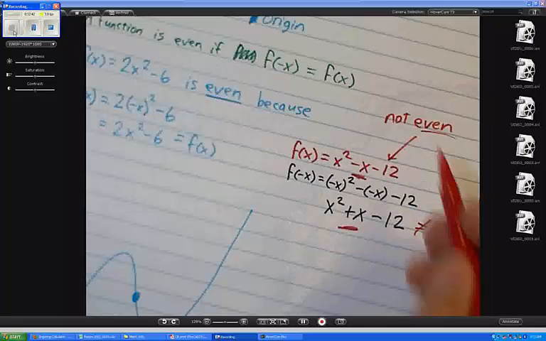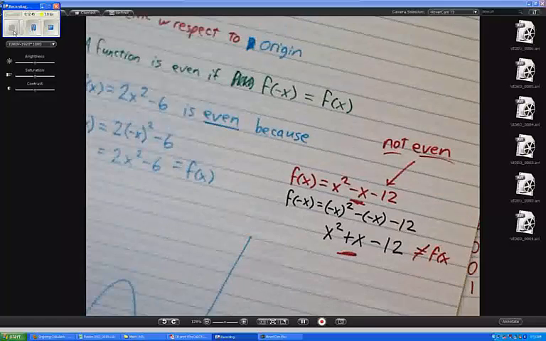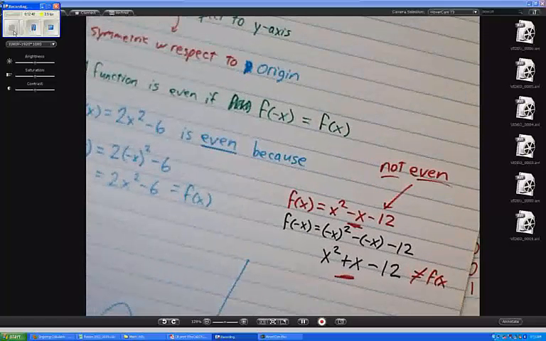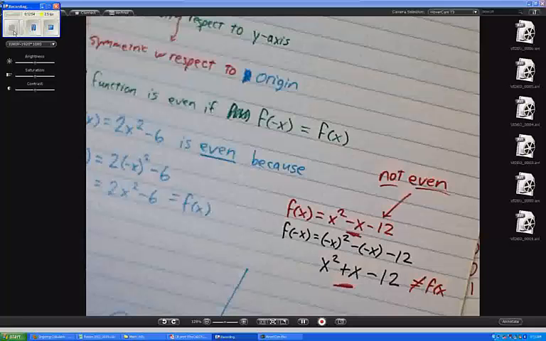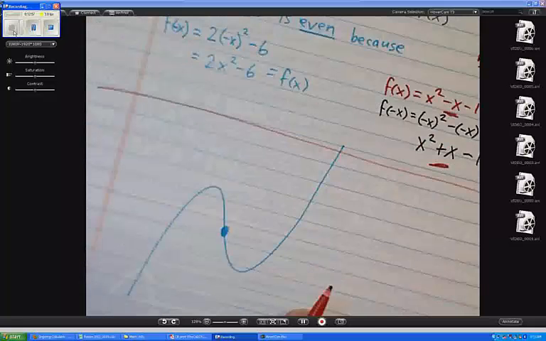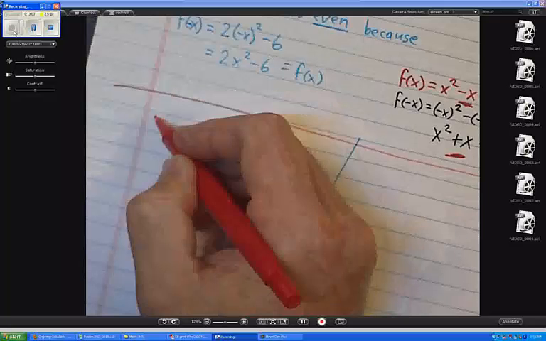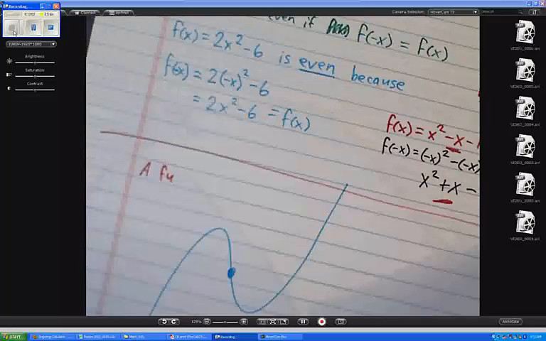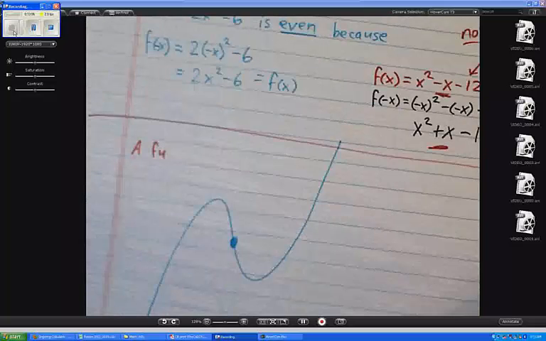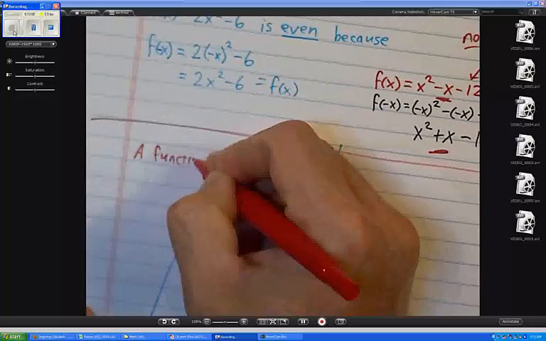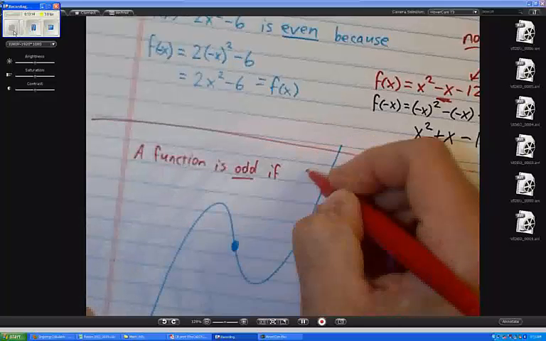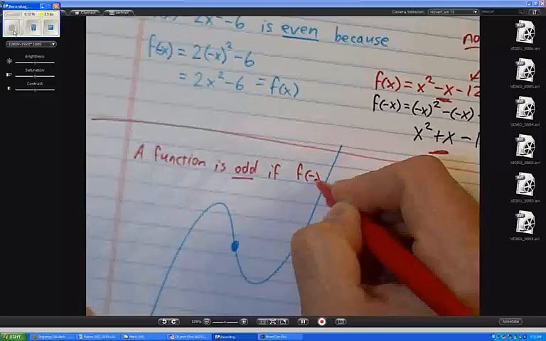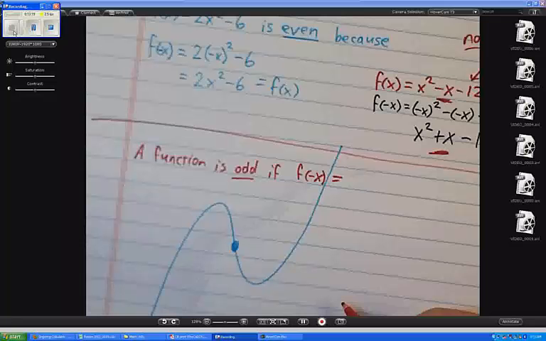Now, one more definition to give you. I want to talk about odd. So I'll write that here. We're going to say a function is odd if f of negative x equals, well, remember, this is going to have to be symmetric with respect to the origin.